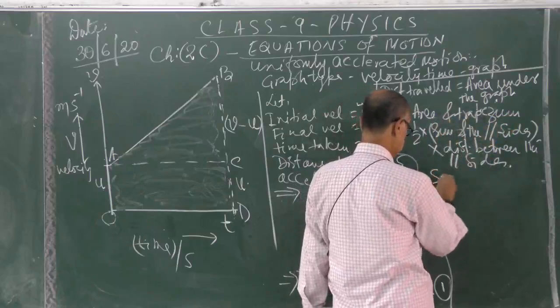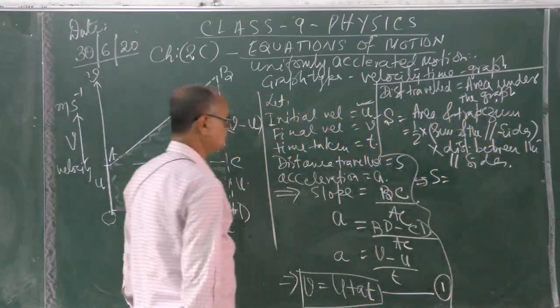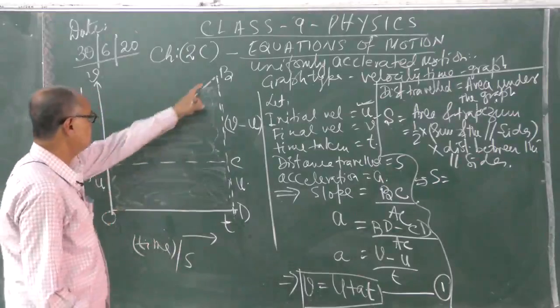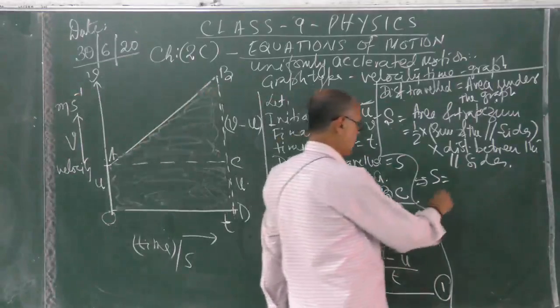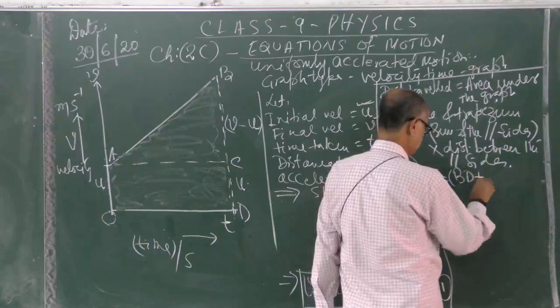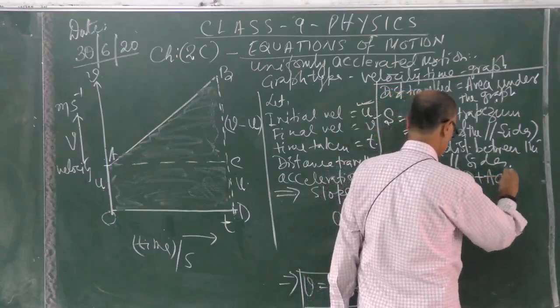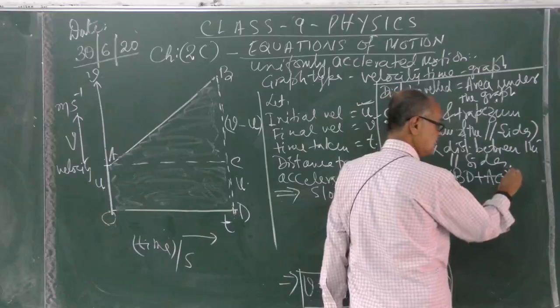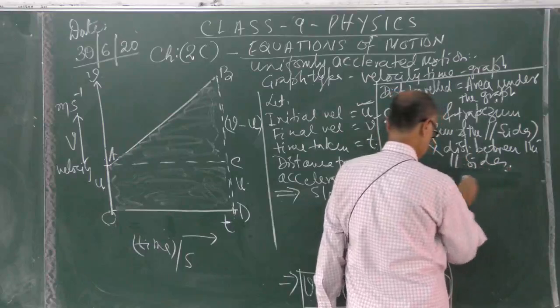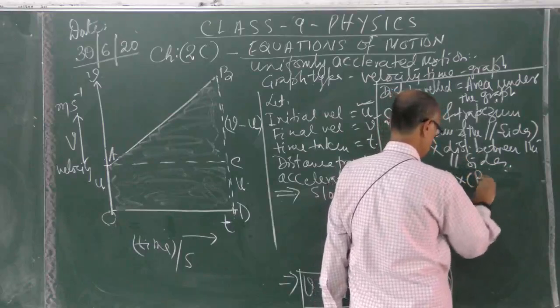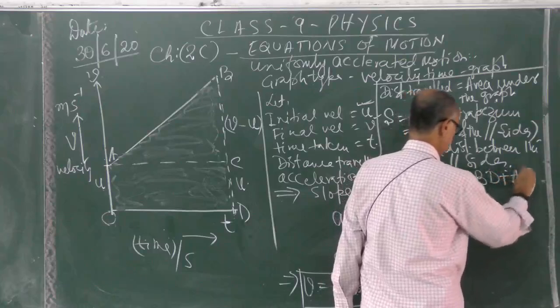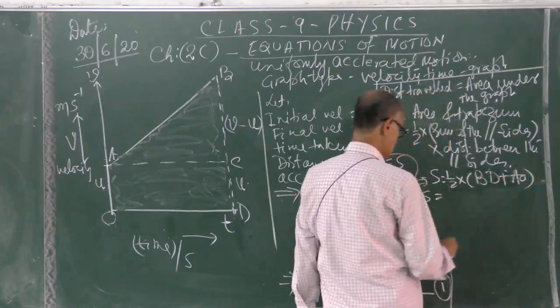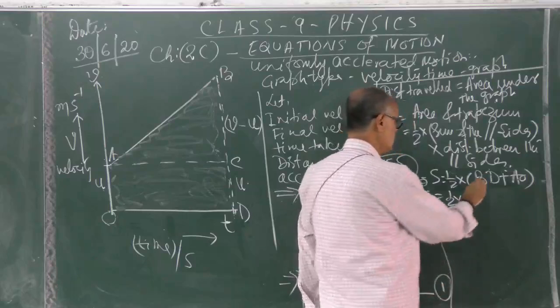So then we say S is equal to, what is the distance for BD? Parallel sides are BD plus AO. 1/2 into BD plus AO. That is S is equal to 1/2 into BD length.